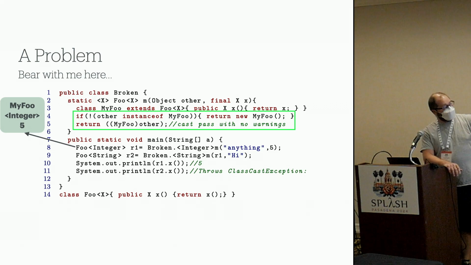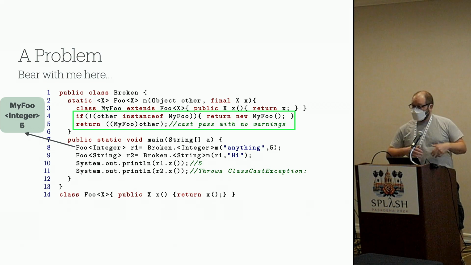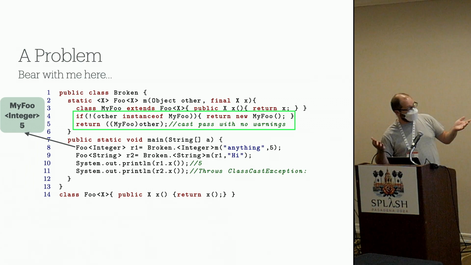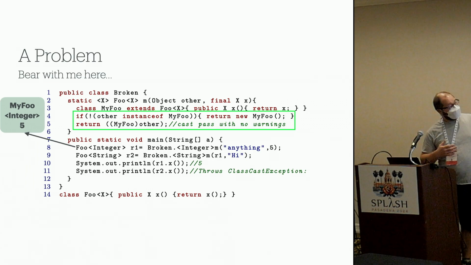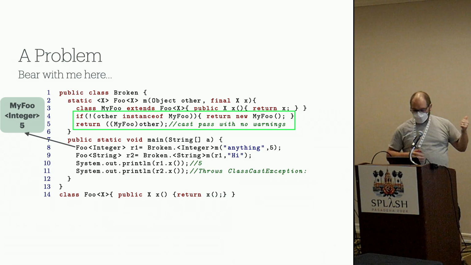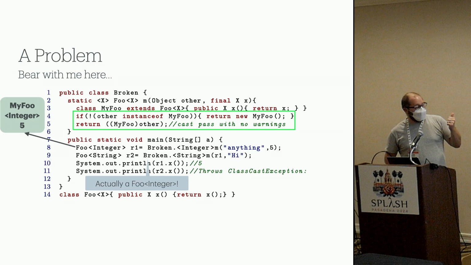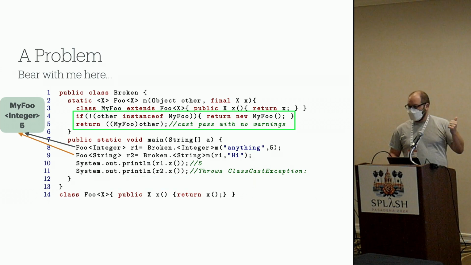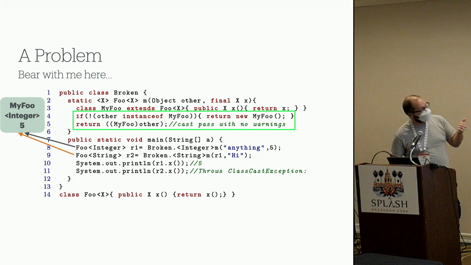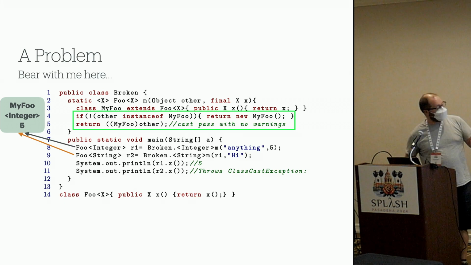So instead of allocating a new one, we get to line 5. We cast it to a myFoo, which it is. And we return that R1 argument as the result, which means that R2 now points to the same object, even though its type says it's supposed to be pointing to a container for strings. It points now to a container for integers.